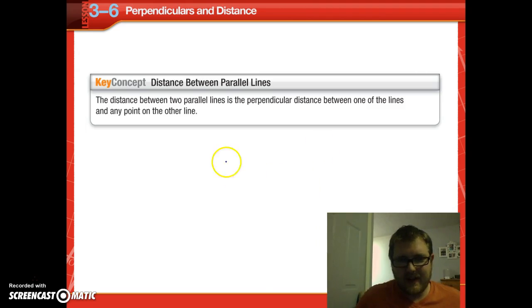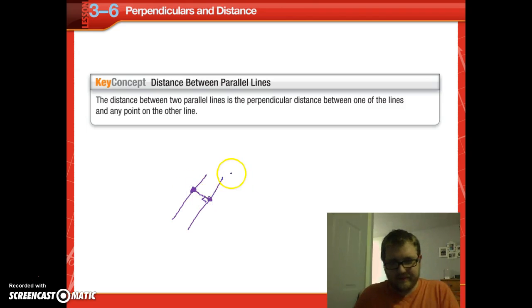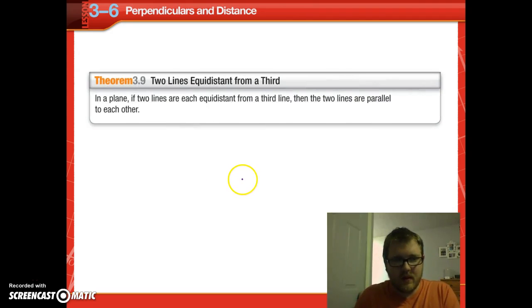If I have two parallel lines here, once we get a point on this line, I can easily get a perpendicular to the second line. So we're just going to find that line segment's distance. That'll get us the distance from this line to this line.